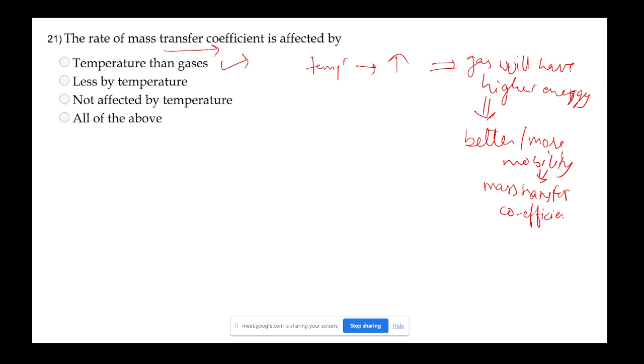So at higher temperature you will have a higher mass transfer coefficient as compared to lower temperatures. So obviously temperature has a great effect on the rate of mass transfer or the mass transfer coefficient.